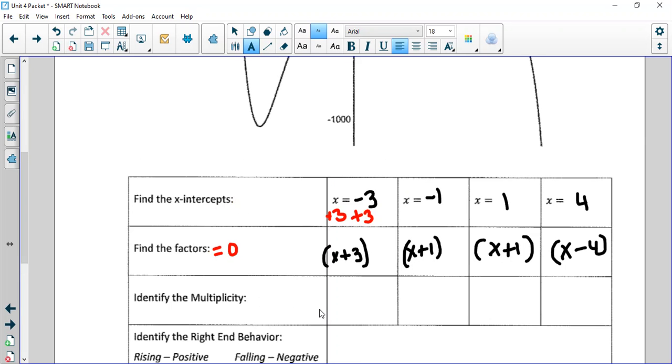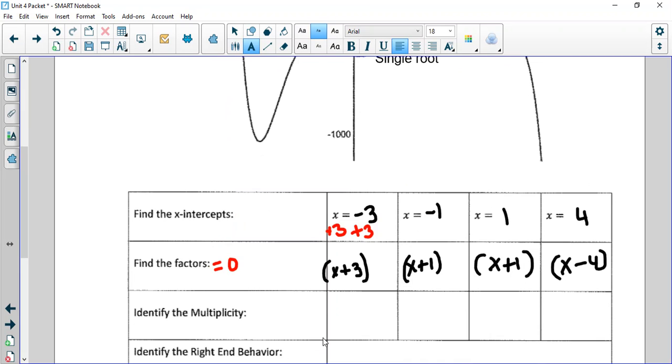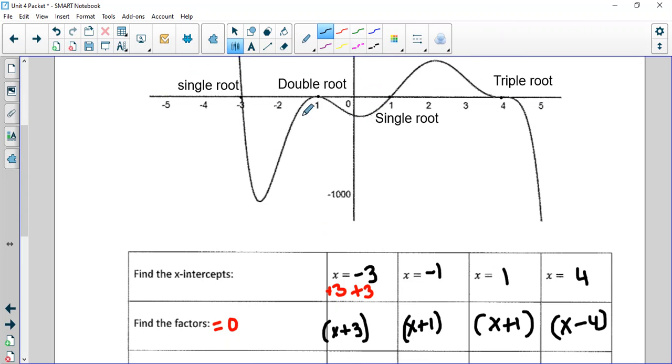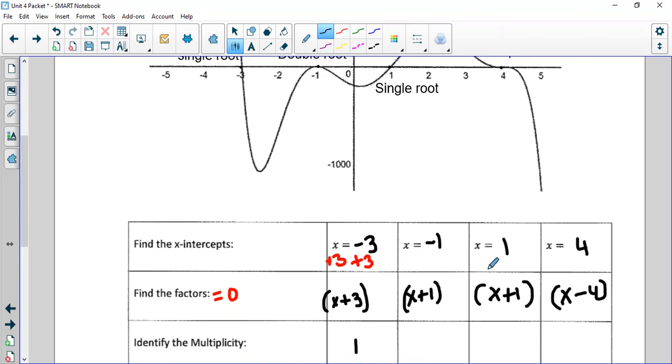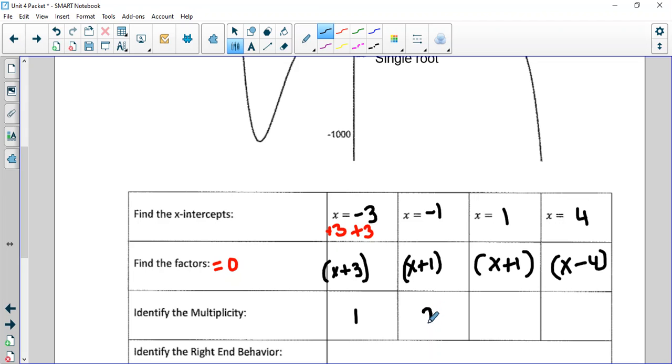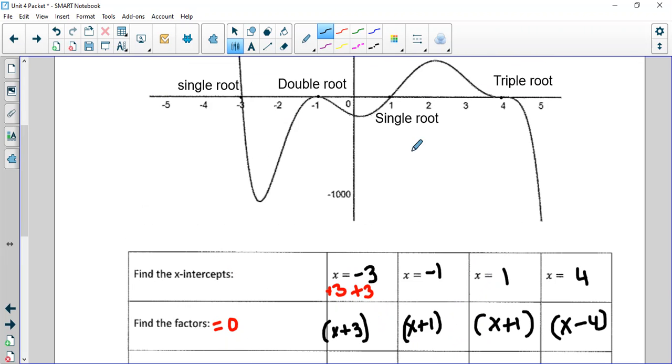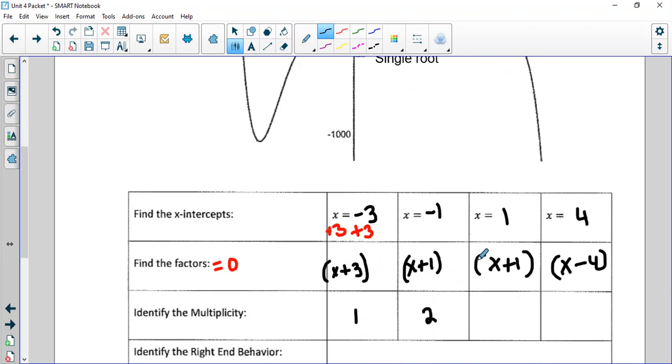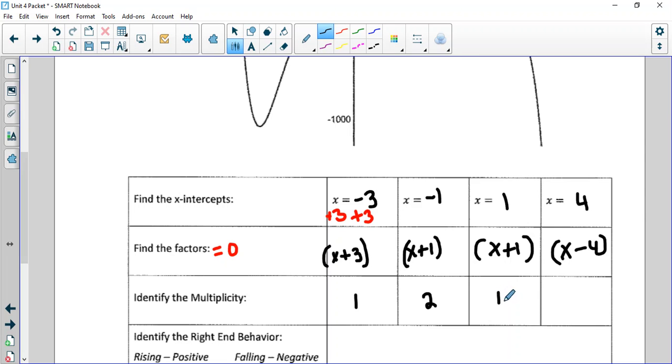Basically, if there's a single root here, there is a multiplicity of 1. And since there's a double root at -1, there's a multiplicity of 2. These end up being the exponents for each of your factors. At 1, there's a single root, so there's a multiplicity of 1.